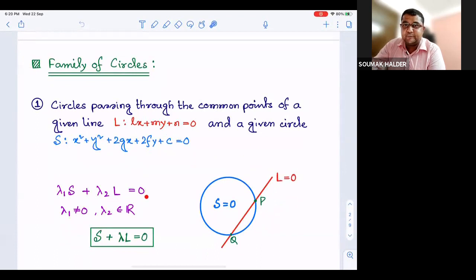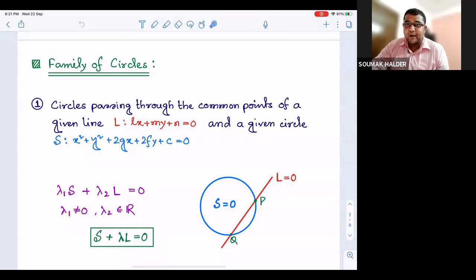Now over here you can identify lambda 1 cannot be 0 and lambda 2 can be any real number. As such, lambda 1 can be any non-zero real number and lambda 2 can be any real number. Now why can lambda 1 not be 0? Because if I make lambda 1 0, and lambda 2 non-zero, in that case we are going to get L is equal to 0, which is not a circle.